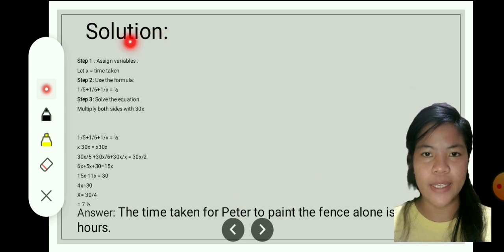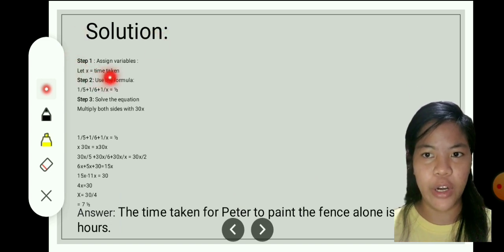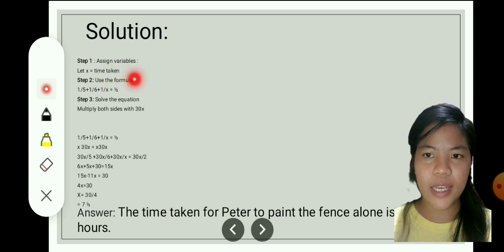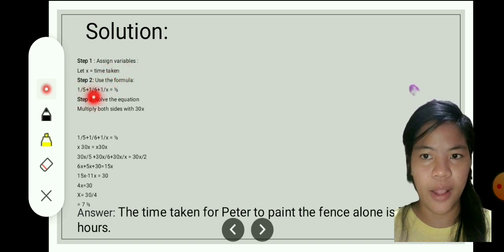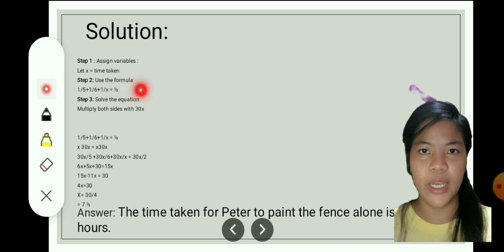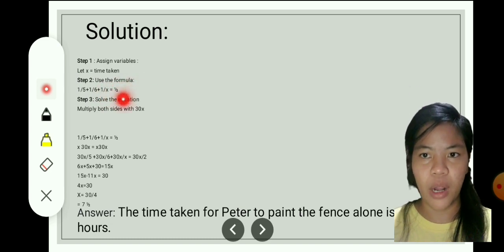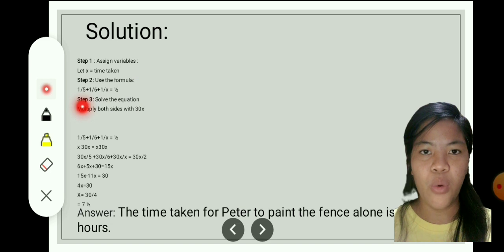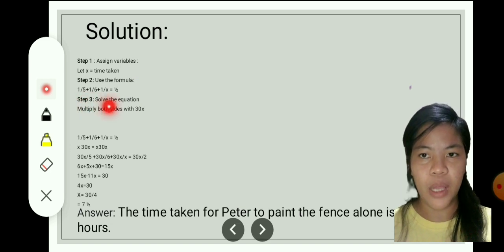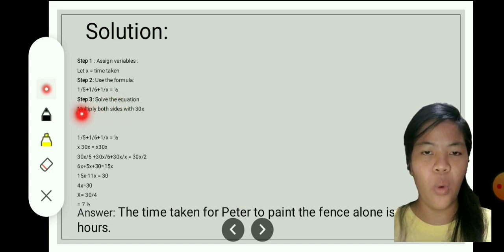Step 1 is to assign the variables. Let x be the time taken. Step 2 is to use the formula, and that is 1/5 plus 1/6 plus 1 over x is equal to 1/2.